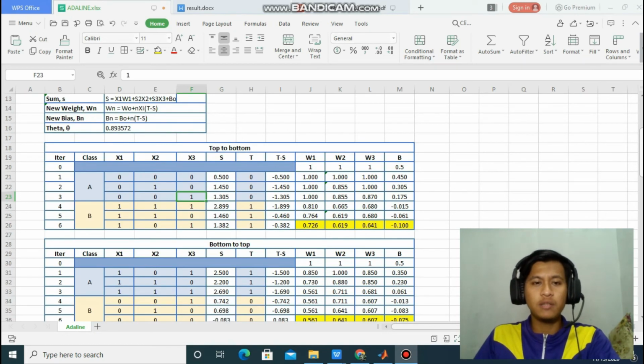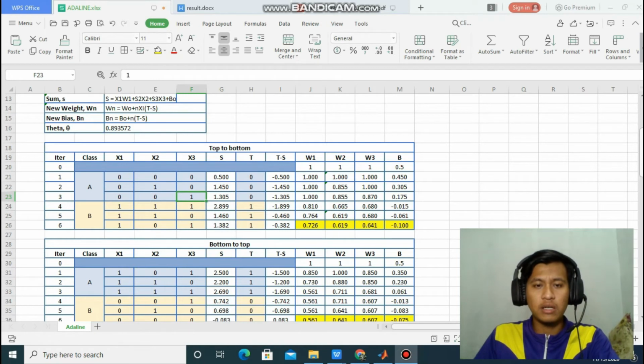The table below shows that the data given for this assignment will be put into x1, x2, and x3. For the sum, the total, the formula used is x1 times w1 plus x2 times w2 plus x3 times w3 plus the bias.